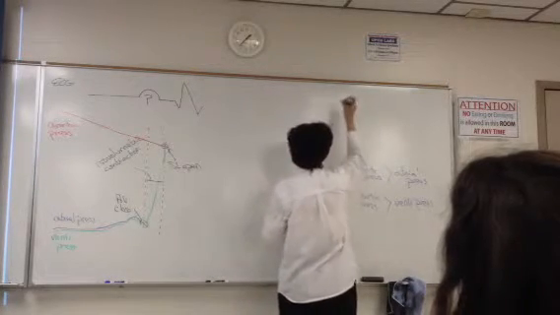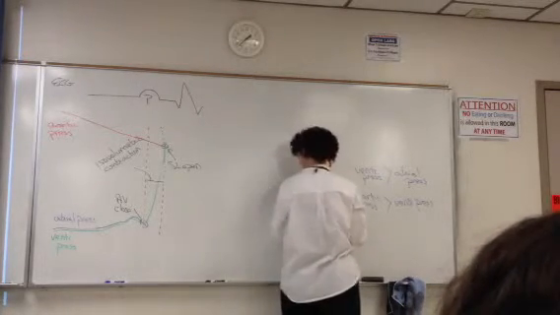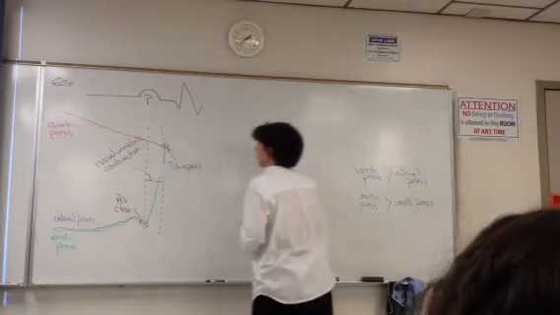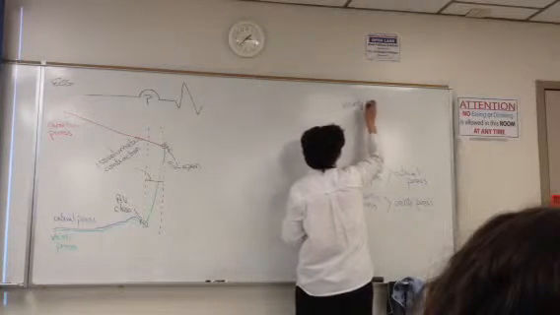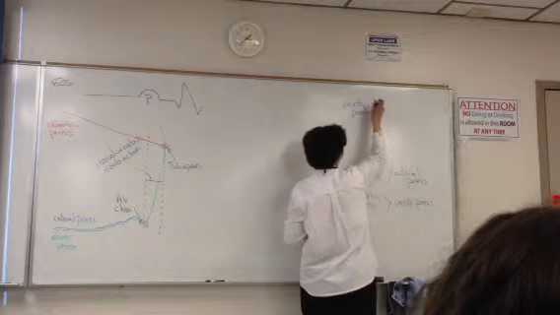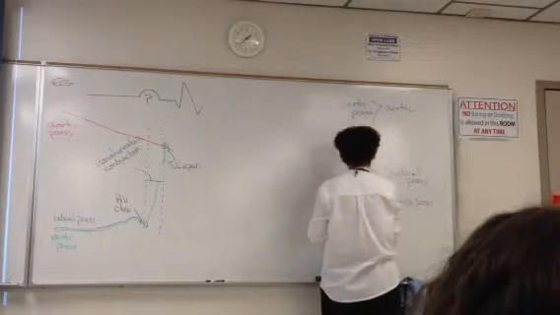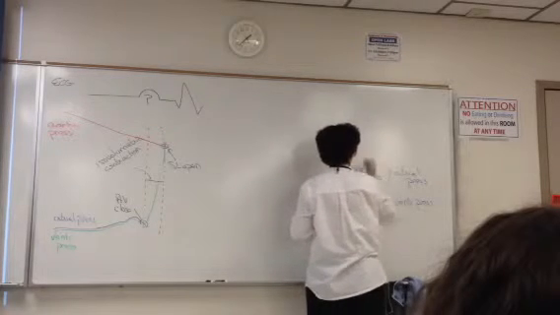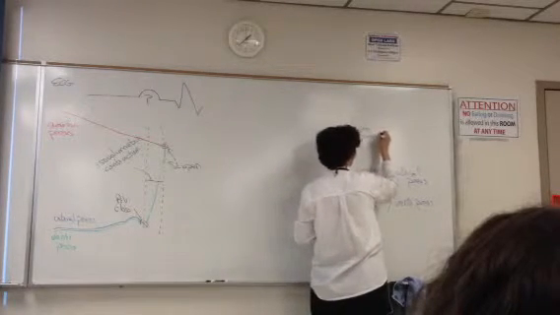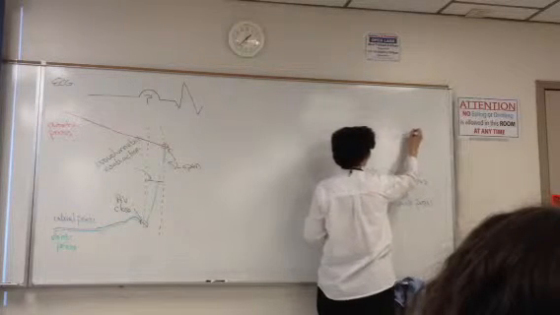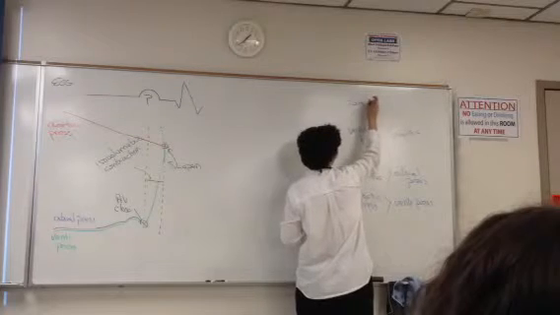So now we flip it. Ventricular pressure is greater than aortic pressure. And aortic pressure is still greater than atrial.